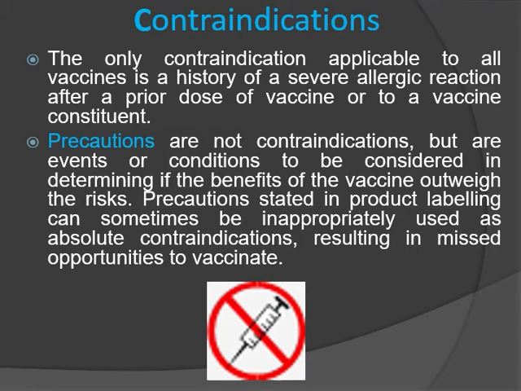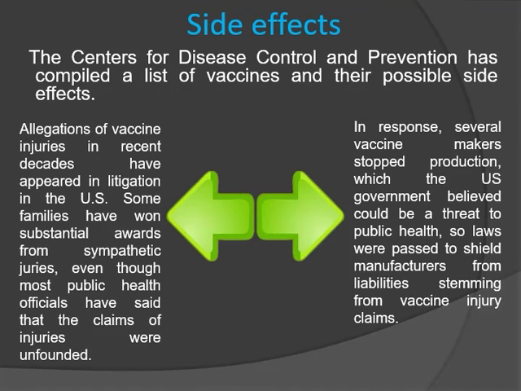The Centers for Disease Control and Prevention has compiled a list of vaccines and their possible side effects. Allegations of vaccine injuries in recent decades have appeared in litigation in the US. Some families have won substantial awards from sympathetic juries, even though most public health officials have said that the claims of injuries were unfounded.